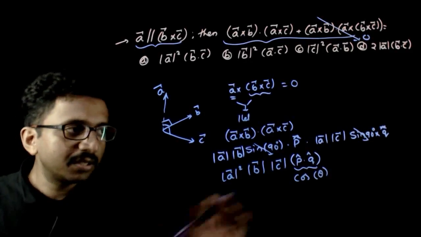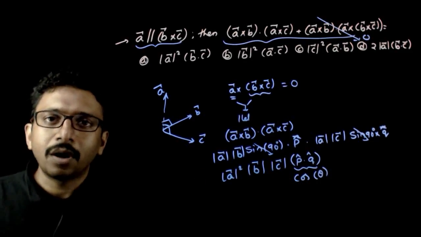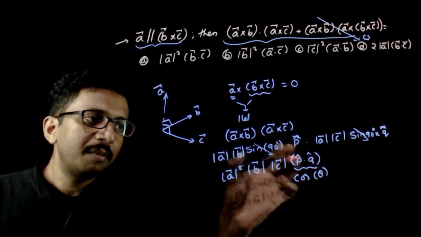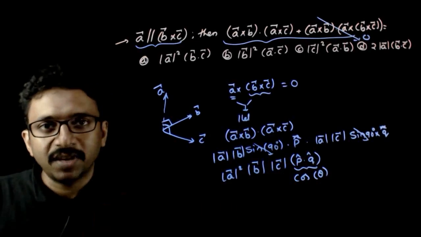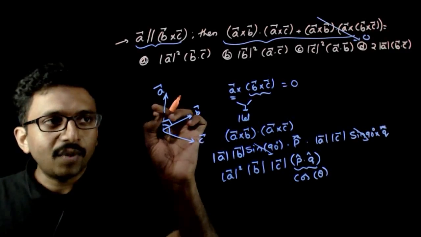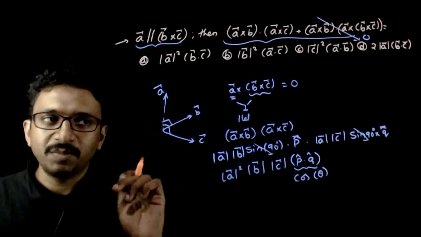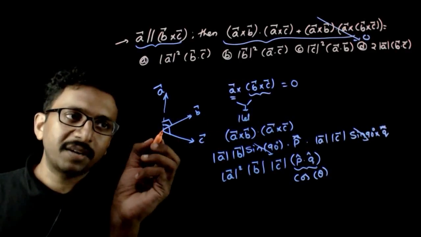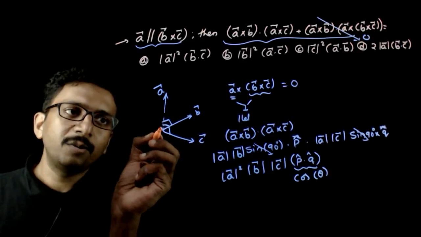Now if you carefully analyze what P cap and Q cap are, you can see that P cap is perpendicular to A bar as well as B bar. You want a vector which is perpendicular to A bar as well as B bar, so you get a vector in the plane of B bar and C bar which is perpendicular to B bar.